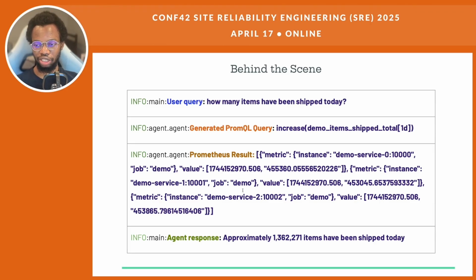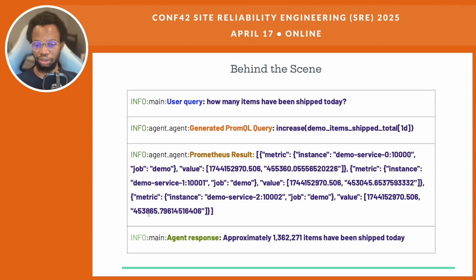It is intelligent enough to know that the value it's interested in is an aggregation of the value across each of these instances, and also applying the right grouping. So it was able to figure out that it needs to sum the value from demo service 0, demo service 1, and demo service 2.